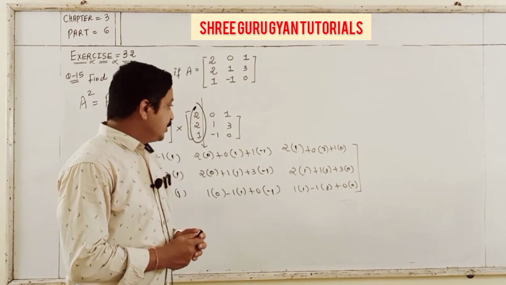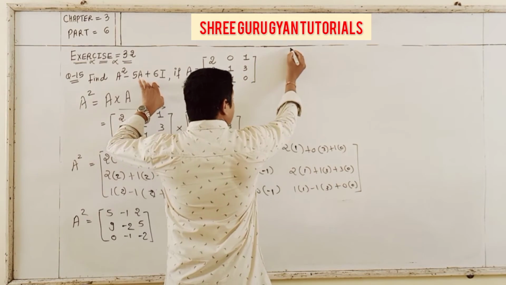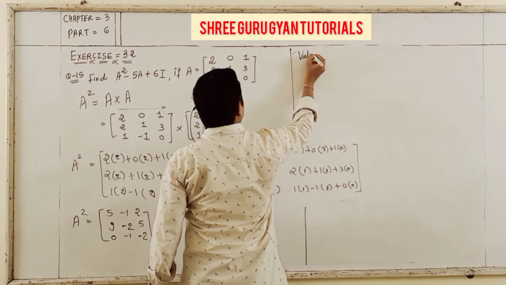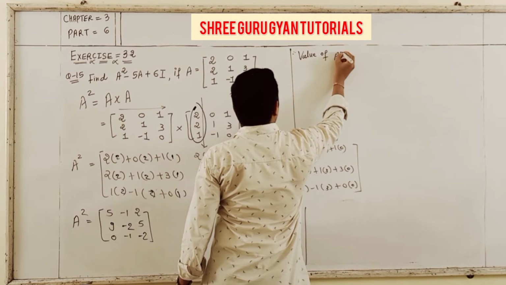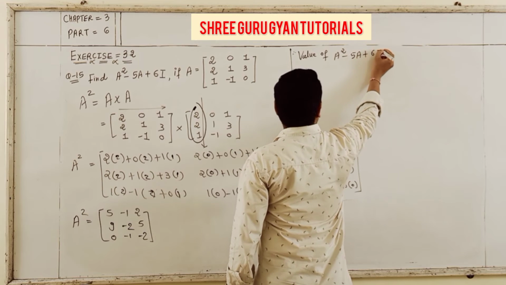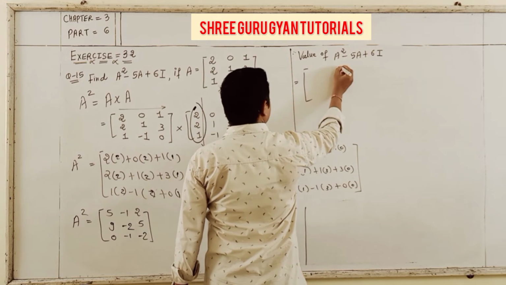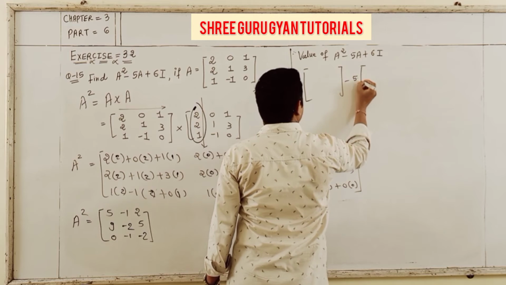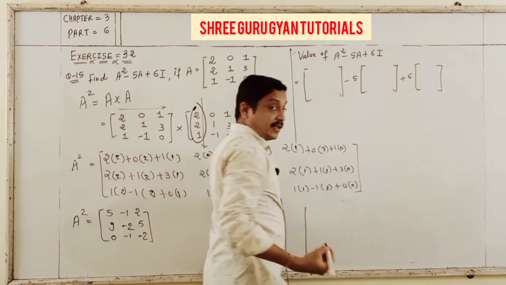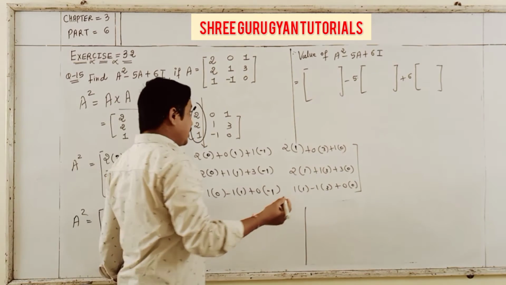Now students, we are going to find out the particular value. Therefore, the value of A square minus 5A plus 6I: putting down just the value of A square, minus 5 with A and 6 with I. A square, this one 5 9 0.